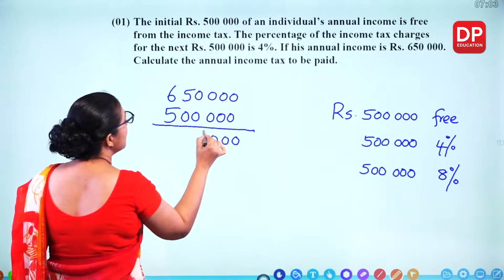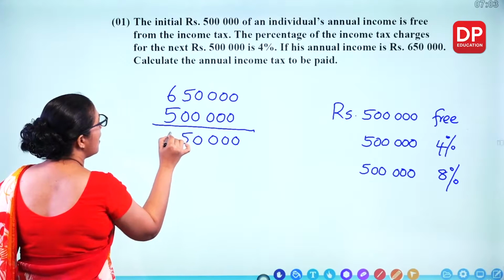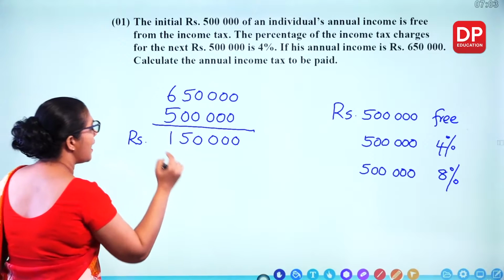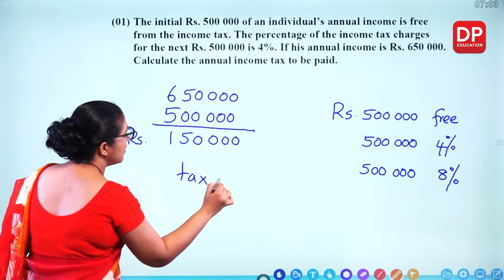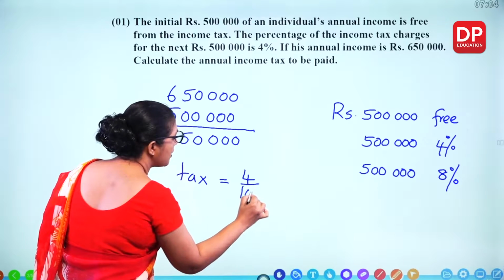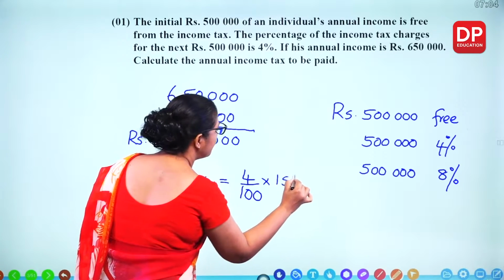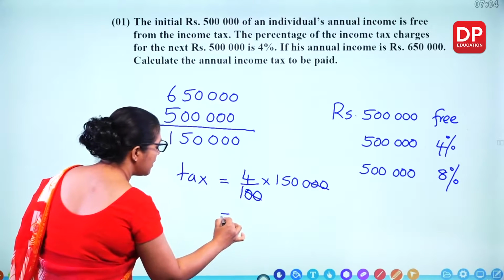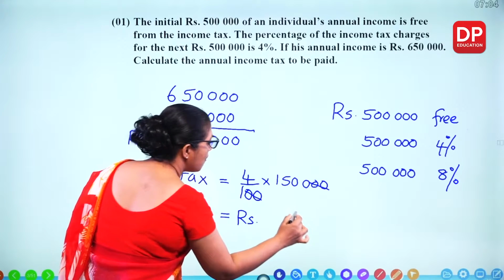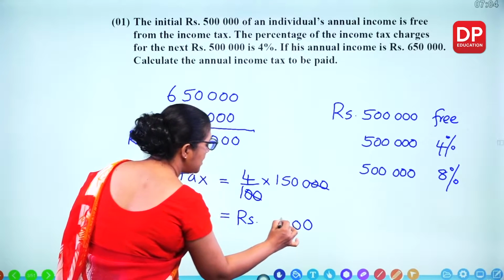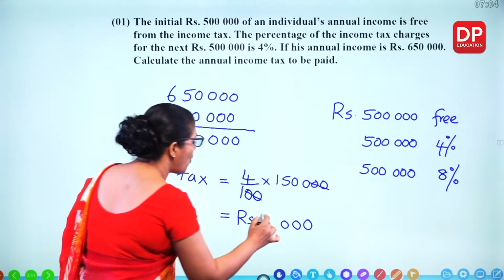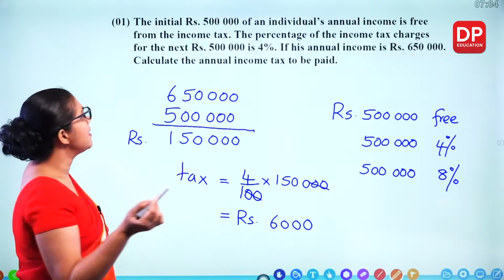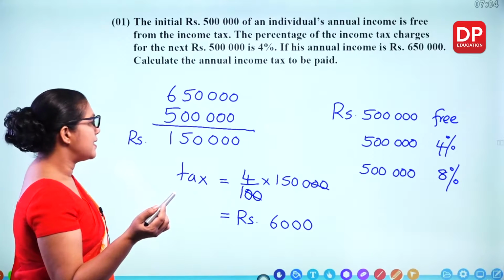So what's the taxable amount? 150,000. Then calculate the tax, 4% of that amount. Two zeros get cancelled out and you get 4 times 5, 20. 4 times 1, 4 plus 2, 6. So 6,000 rupees annually is the income tax to be paid.